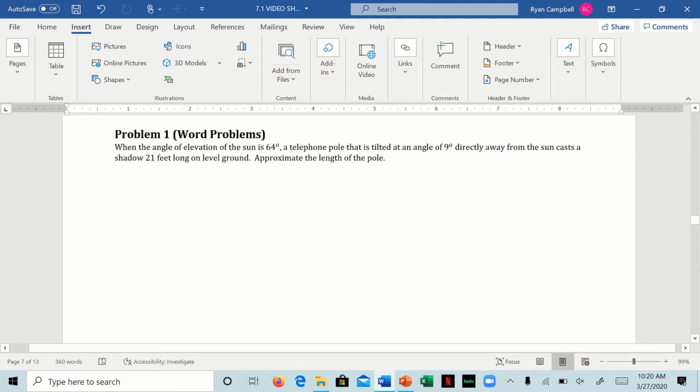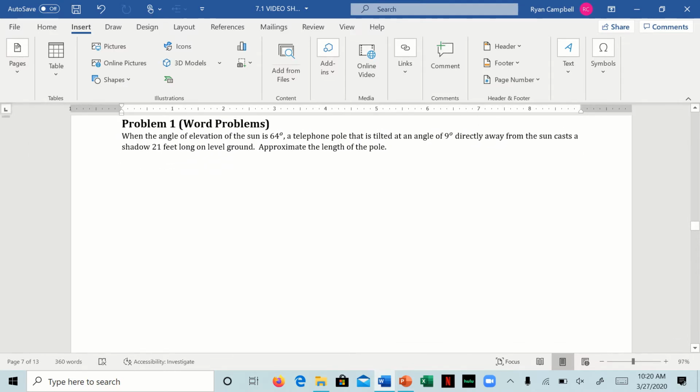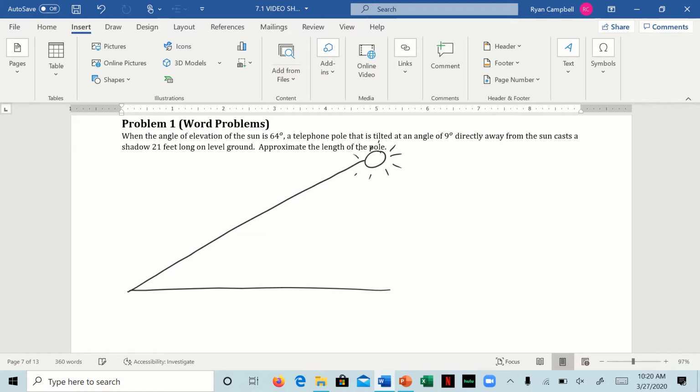So it might be good if we actually knew what this looked like, right? So we have an elevation of the sun. So elevation, here's the sun, right? And this has to be the angle of elevation, goes up. So a telephone pole is tilted at an angle of 9 degrees away from the sun. So here's the sun.